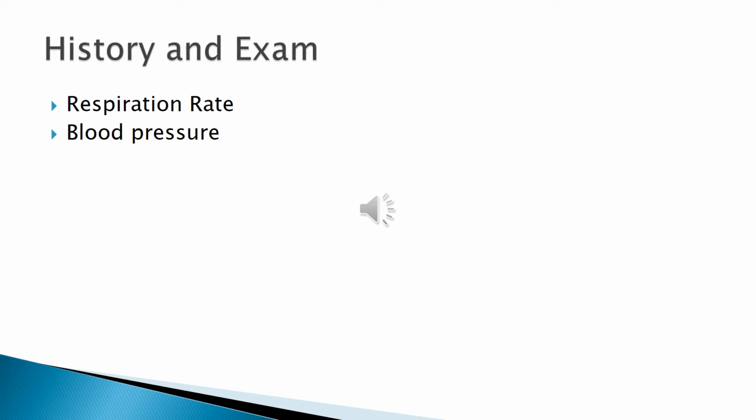In adults, your systolic range will be between 100 to 140, and the diastolic will be between 70 and 90. Infants and young children should have a lower blood pressure, but you want to be looking at the normal ranges for blood pressure.